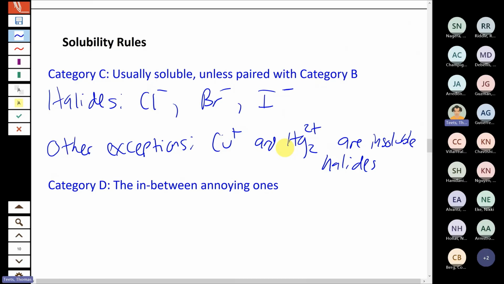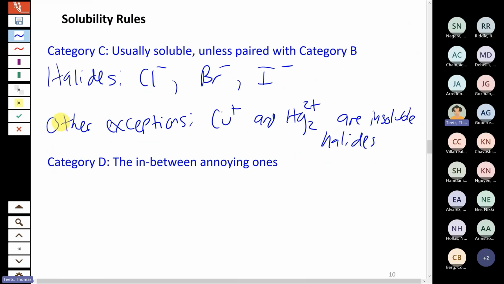All right. And then finally, the last solubility rule, the way that I categorize them, are the ions that I call the in-between annoying ones, where some of them are soluble, some of them are not, depending on what they're paired with. There's really two anions in this category, and you just have to remember these and be aware of them. So sulfate is one of those.